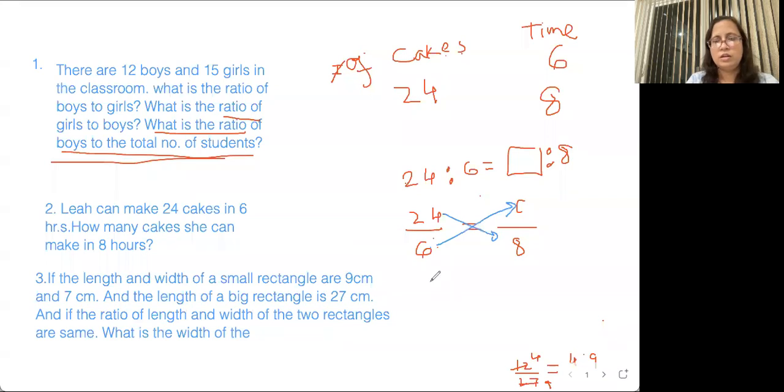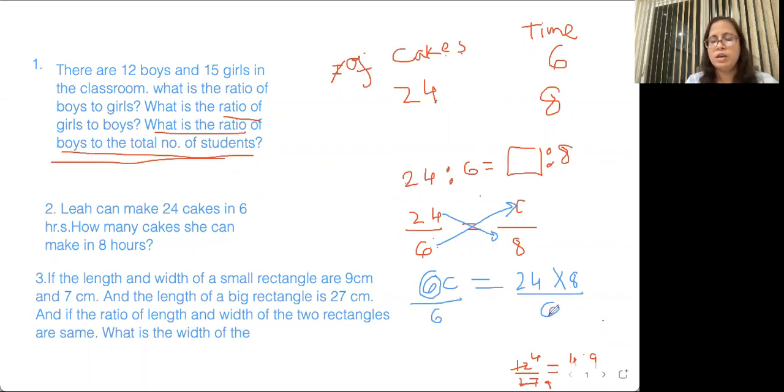So we can write 6 times C, that is 6C, equals 24 times 8. You can find out what is 24 times 8, or we can divide by 6 both sides, because we need to get rid of this 6, right? So to get rid of that 6, we'll divide both sides by 6.